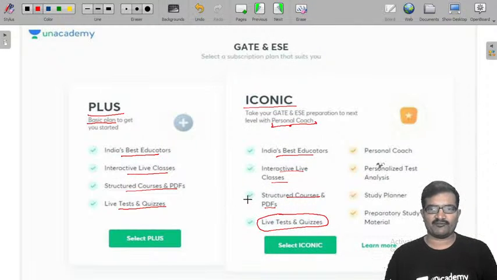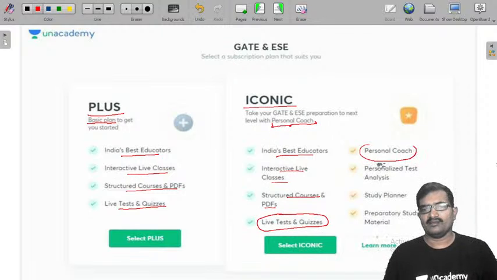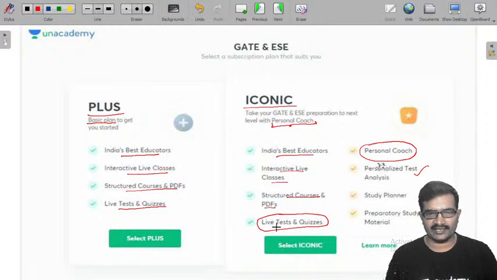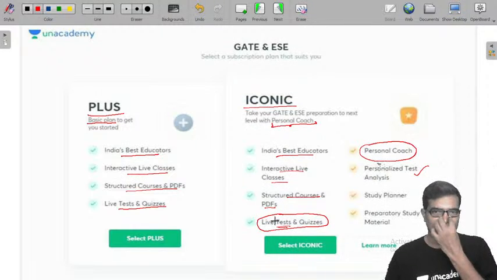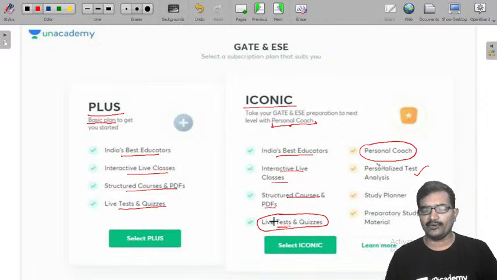Now, the purpose of providing this personal coach is personal test analysis. Whatever test you've written here is going to be analyzed by that personal coach provided to you.